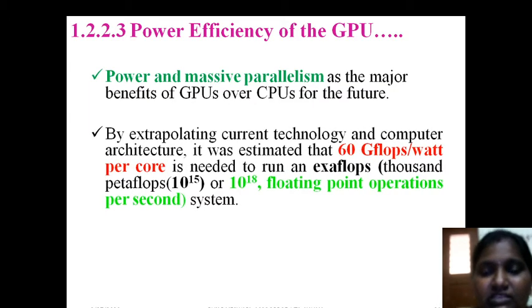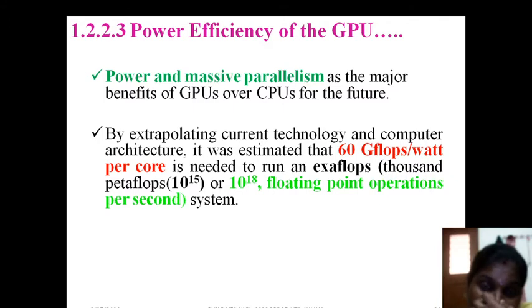See, as per the previous analytical data, what they want to convey is that in order to maintain one graphics processing unit as a computer for you, it needs 60 gigaflops per watt per core to run an exaflop.